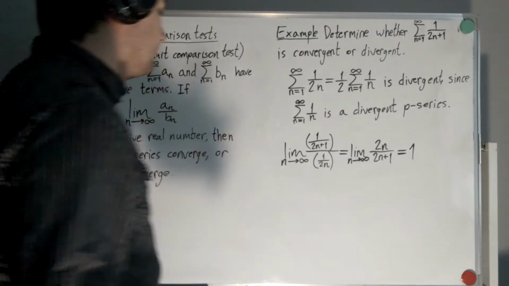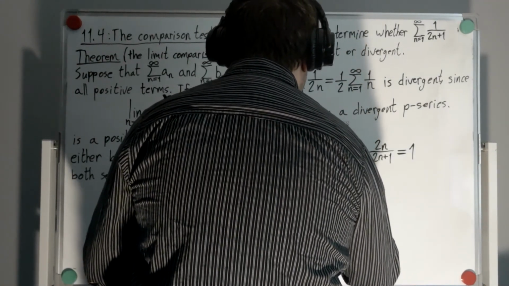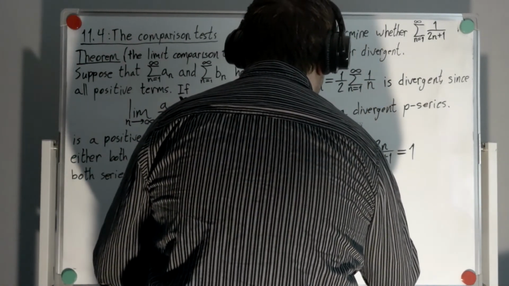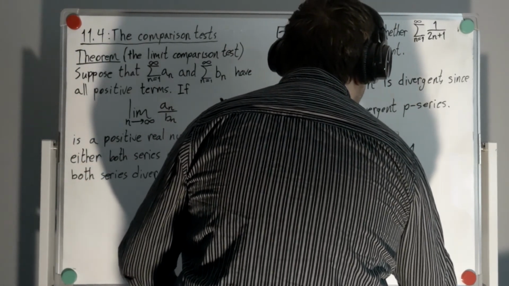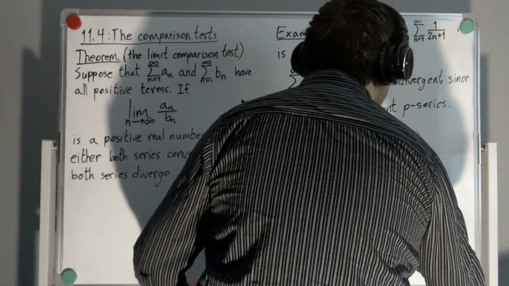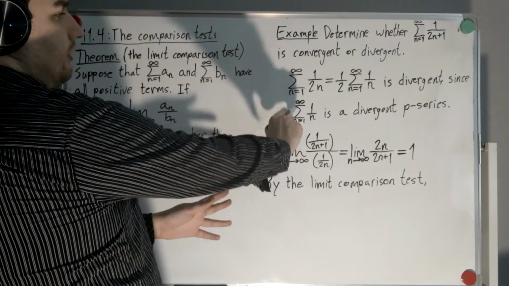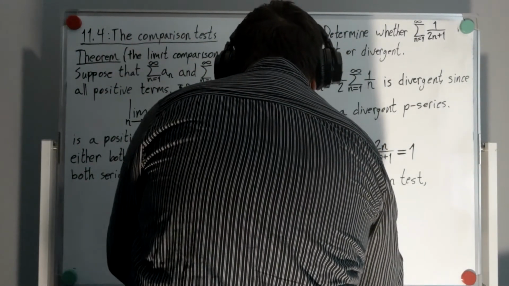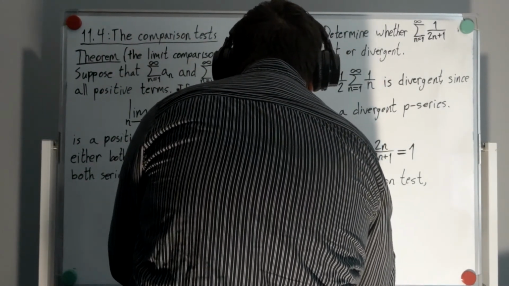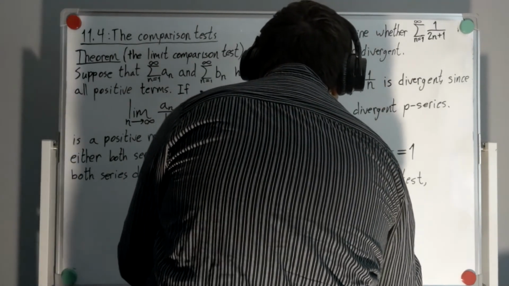So, by the limit comparison test, since this series diverges, the sum from n equals 1 to infinity of 1 over 2n plus 1 also diverges.